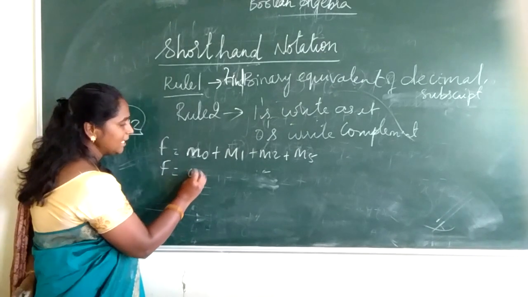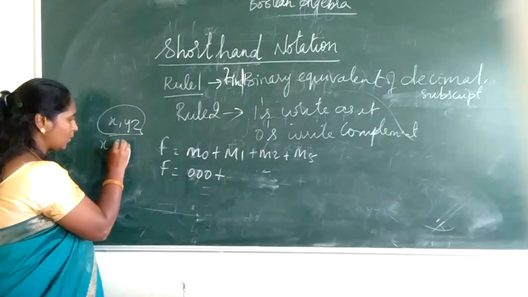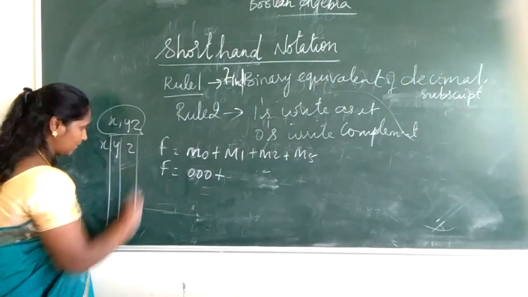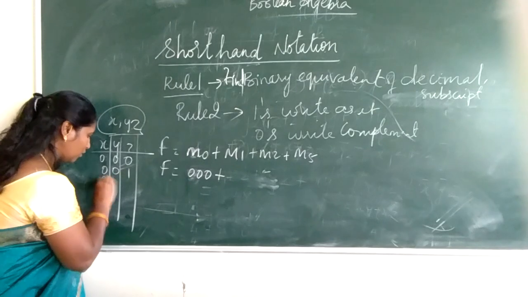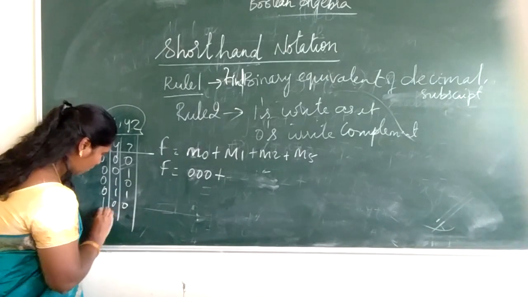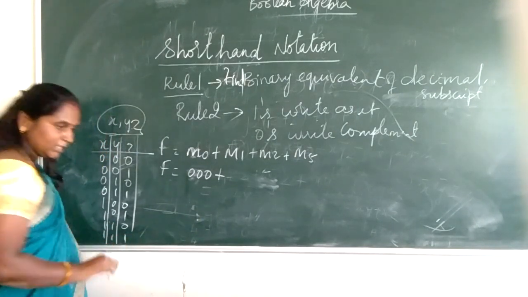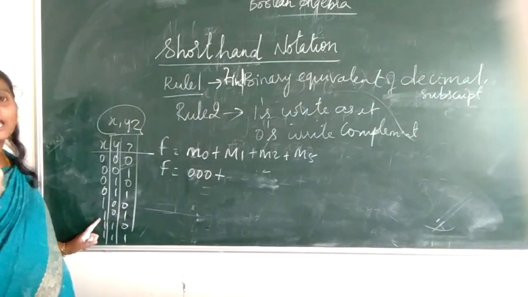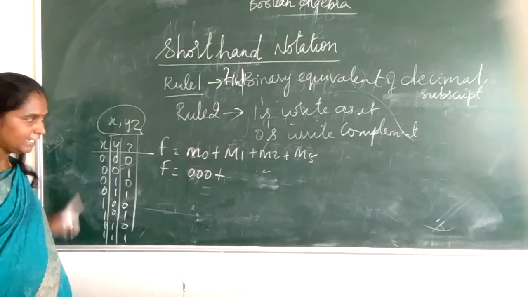What will be the variables? 0, 0, 0 for A B C, like that x, y, z. So 000, 001, 010, 011, 100, 101, 110, 111. This is your binary. When you solve a min term or max term, you have this binary representation based on the input.